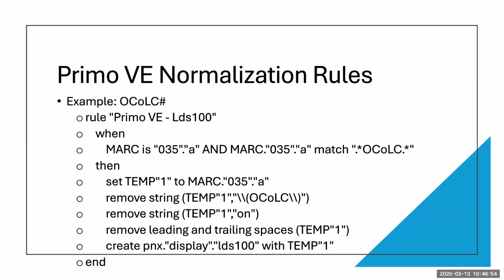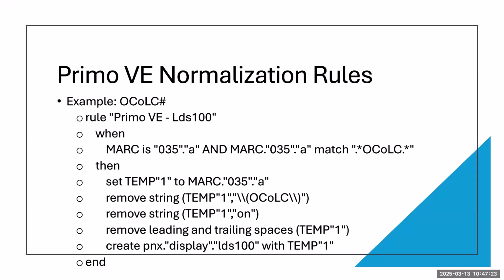It provides a match, and then upon match, it performs a function over the data that's there in the 035. So it matches on the 035 $a, and then if there is that prefixed parenthetical of OCoLC, it removes that. And then if there is a further prefix of ON, it removes that.